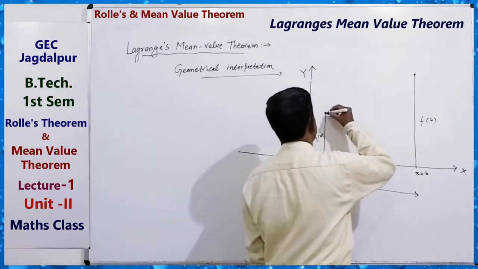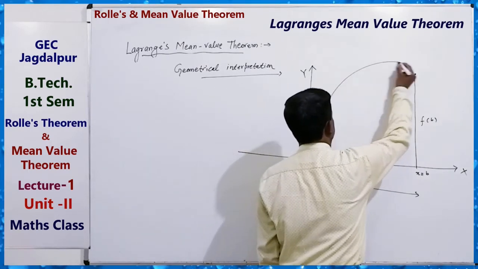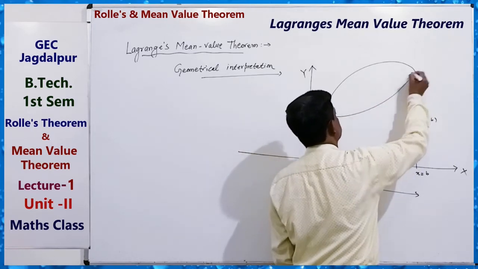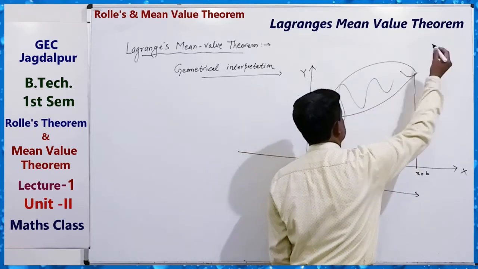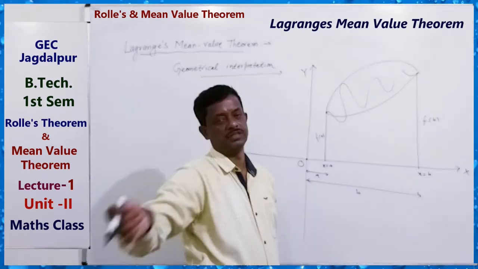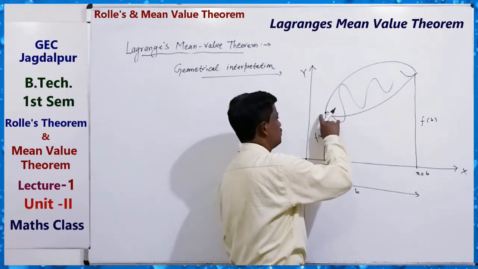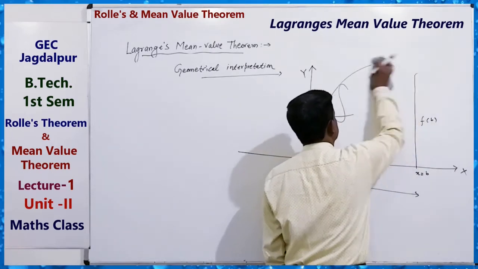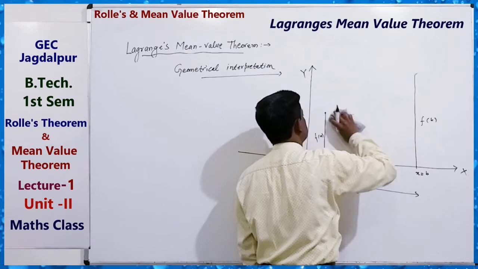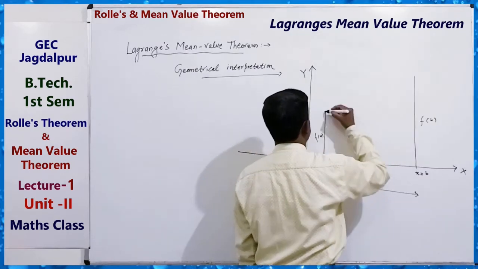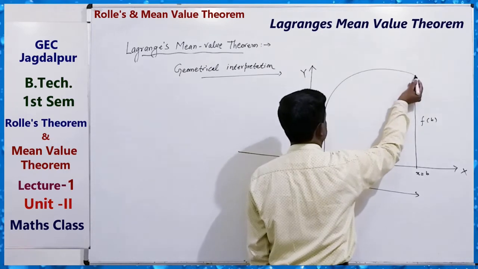And the function may be any type. So function may be like this, may be like this, just a continuous function from this point to this point. Okay, so here just suppose like this.